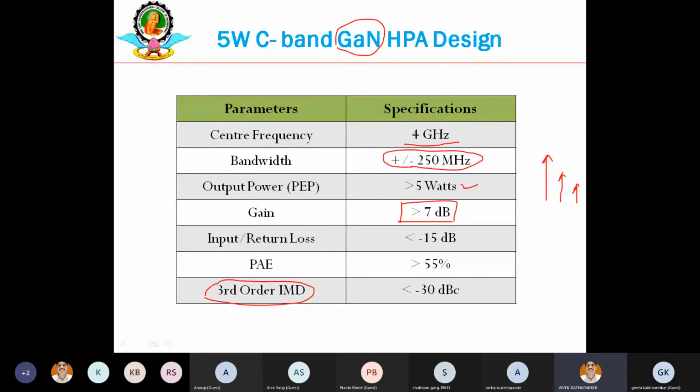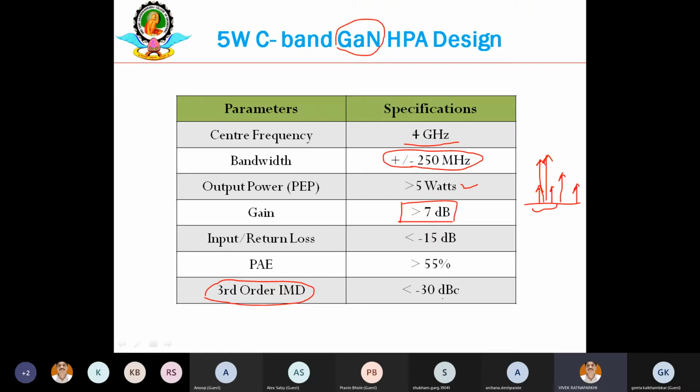But the combination of those harmonics will also be present in the very interesting band of your frequency, and those are called third order intermodulation products. I will let you know about this if you are interested. And these third order IMDs cannot be directly filtered out from this particular pass band. So two-tone analysis has to be carried out to understand this third order intermodulation concept.